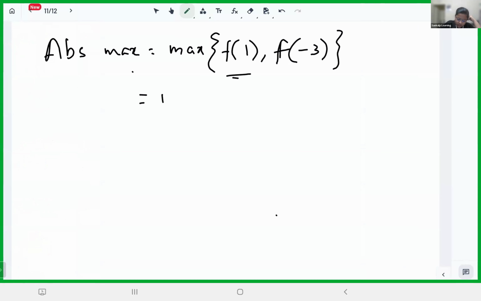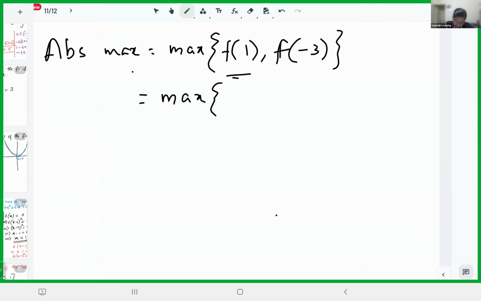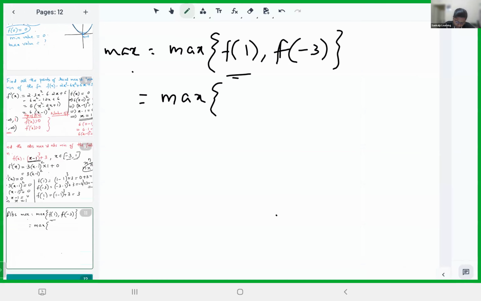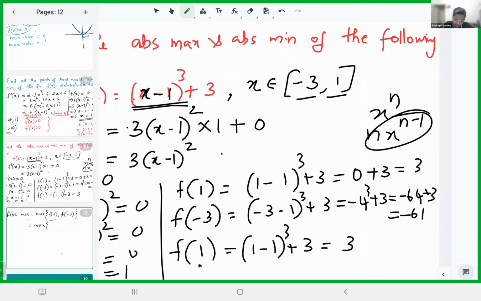So what is the maximum of these values? f of 1 was 3 and f of minus 3 is minus 61.